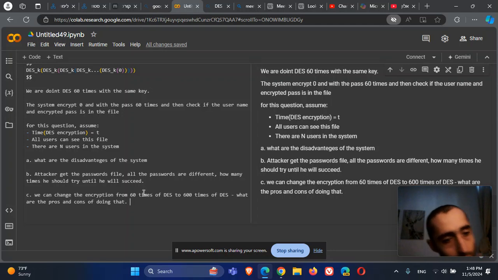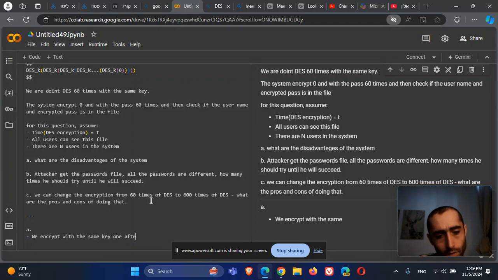Okay, let's start. What are the disadvantages of this system? Maybe that we encrypt with the same key. A, disadvantages: we encrypt with the same key one after the other.